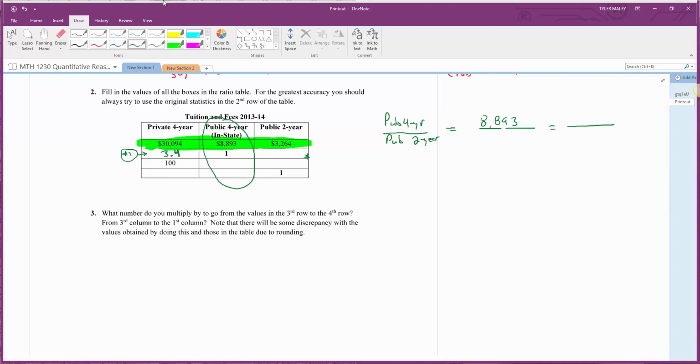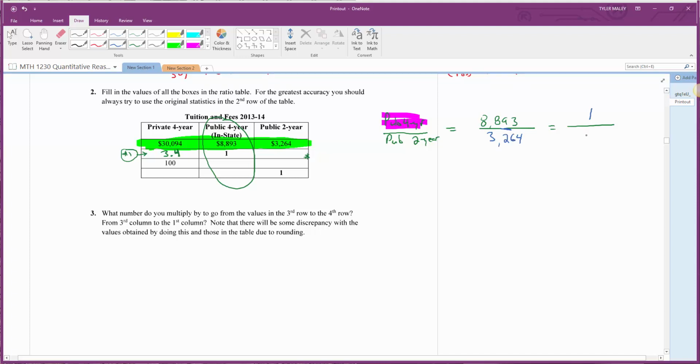And notice in my chart, I put public four-year at the top, right? So that means everything on the top should be public four-year. So the 1 should go here, right? So it's important to note that. And then for public 2-year on the bottom, the amount we have for public 2-year is 3,264.